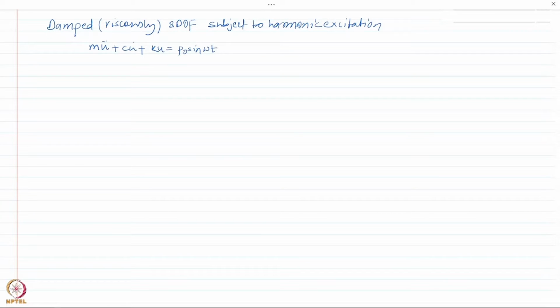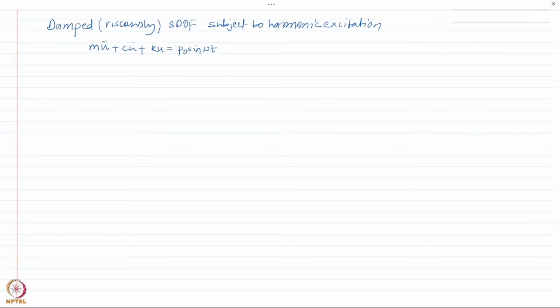Now our goal is to solve this differential equation and get the expression for u of t, and then physically interpret all the results that we get from it for different values of the parameters.